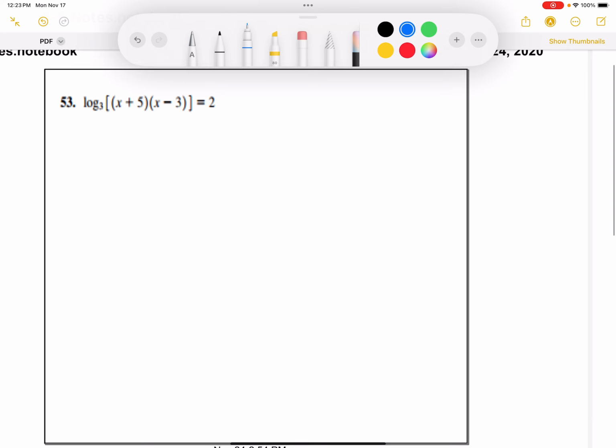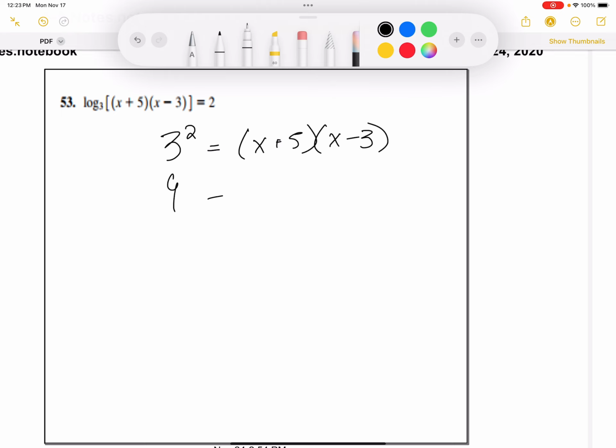This one would be one that you can try on your own. This will be a good time to pause the video and try it on your own. All right. So same thing, we can switch it and say this is 3 squared equals x plus 5 times x minus 3.